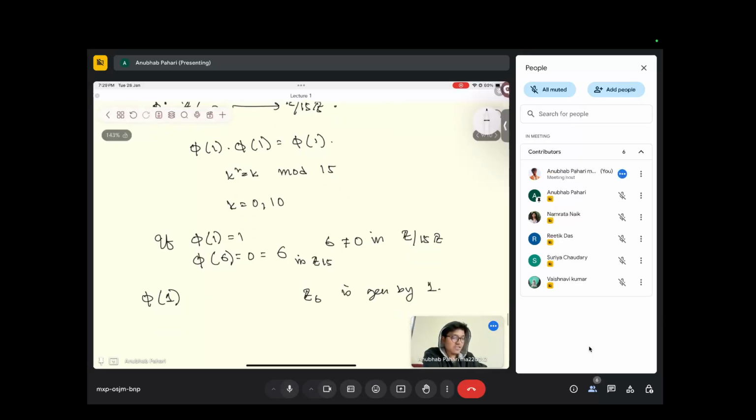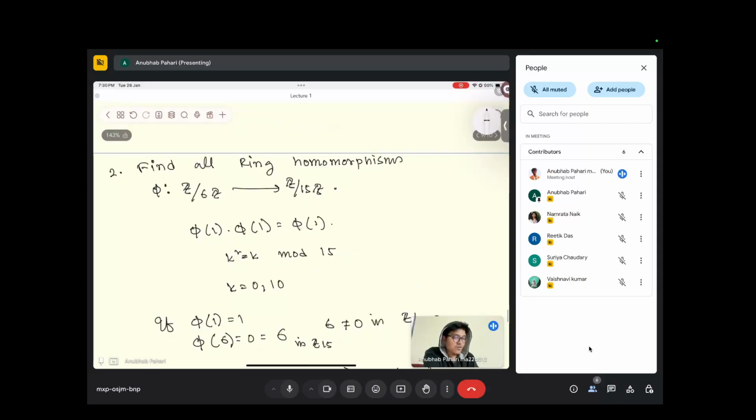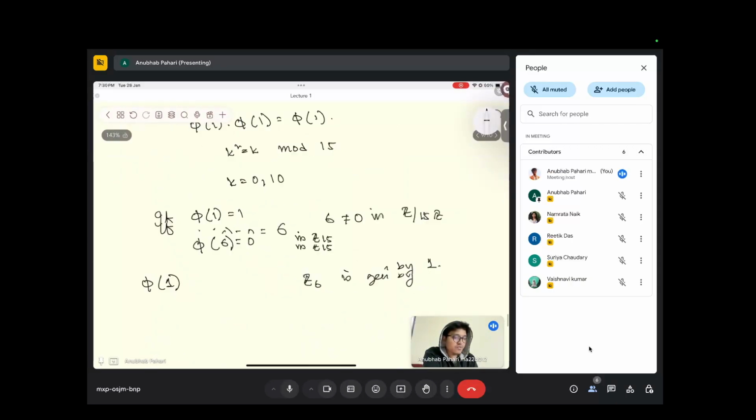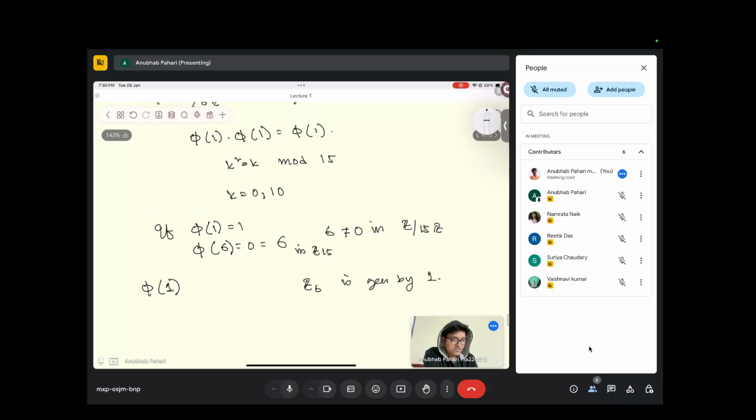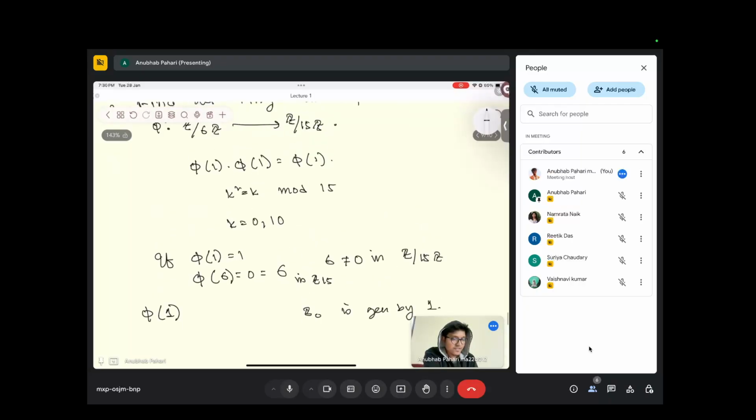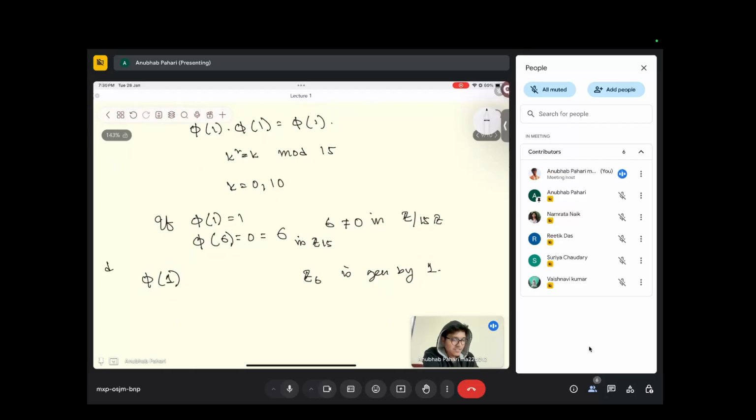You just take a finite sum of this, then you get all the elements. So if you know where 1 is going, then you know the whole map of this homomorphism. So determining phi of 1 in Z15 gives us the whole picture of phi.